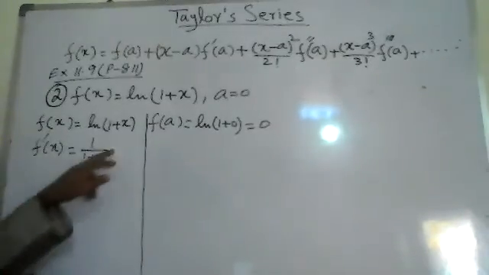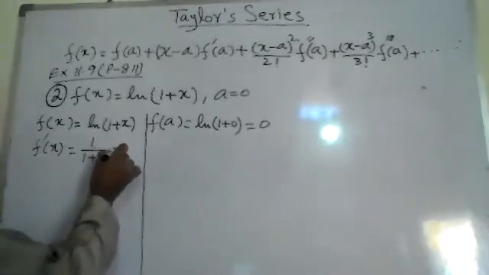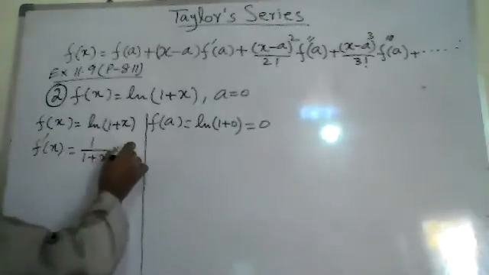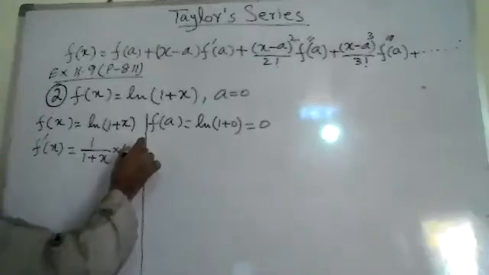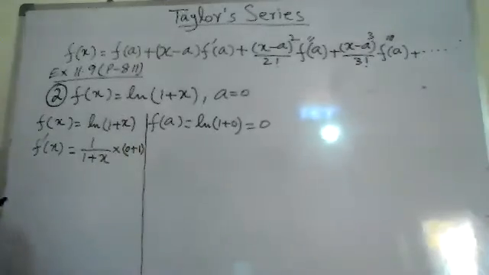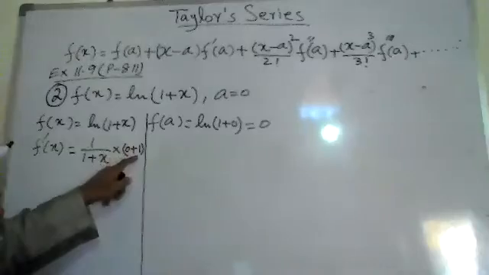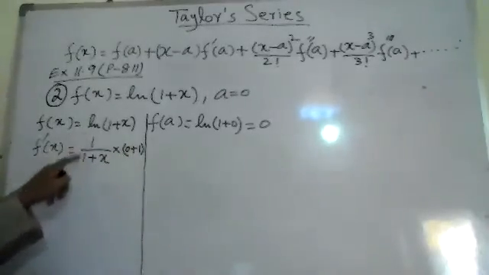So 0 plus 1 will be 1. 1 into 1 upon 1 plus x will be 1 upon 1 plus x.